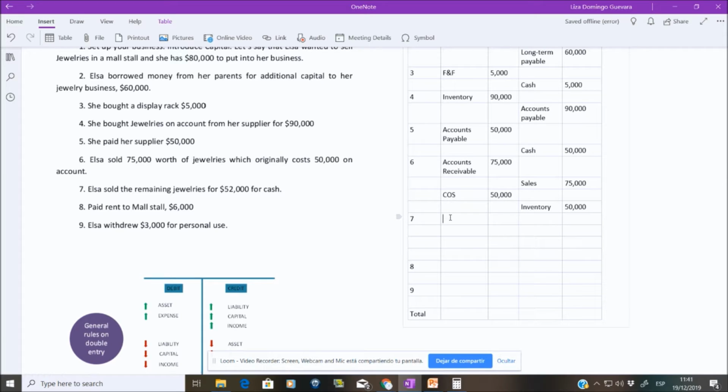It is a cash sale, so we will debit cash of 52,000 and credit sales of 52,000. And next we will debit the cost of sales with the remaining. So as you can see here, we have an inventory of 90. We sold 50, so the remaining inventory is 40.